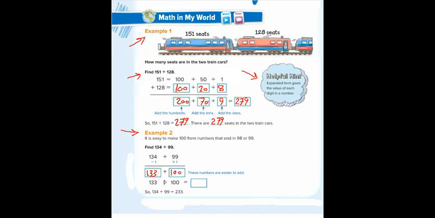Yes, it will be 100. Now add 100 and 133, which is easier than adding 134 and 99. 133 plus 100 equals 233.